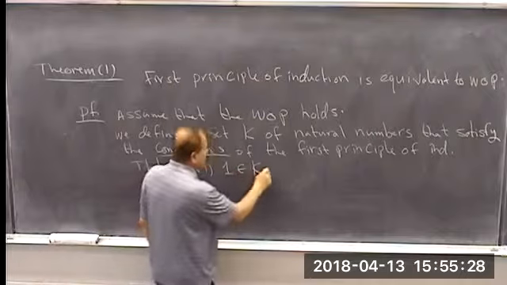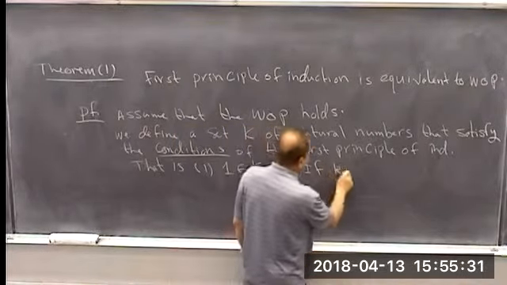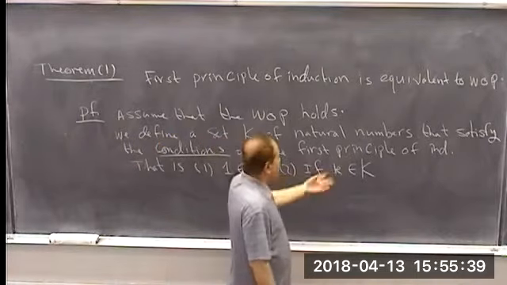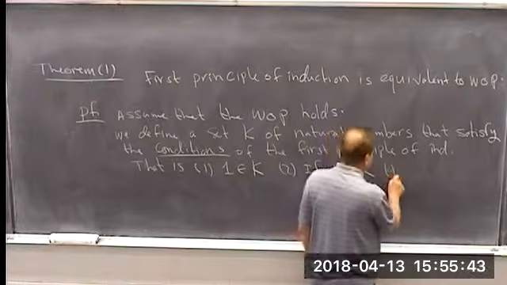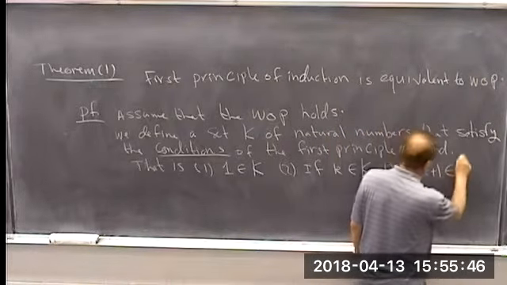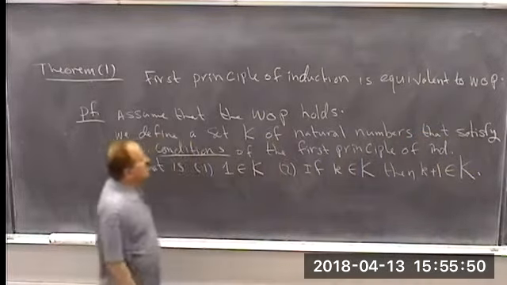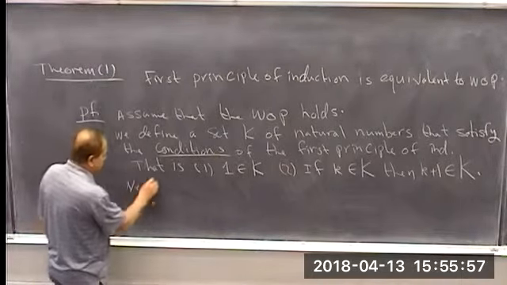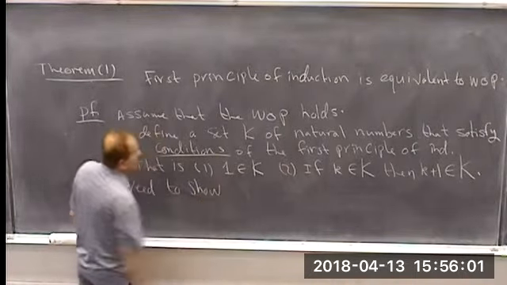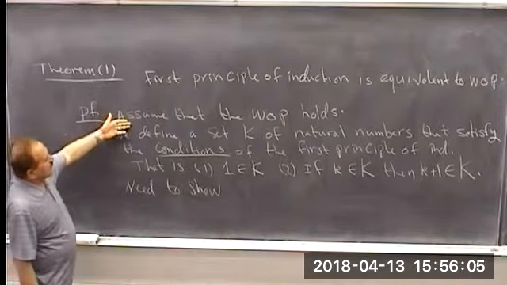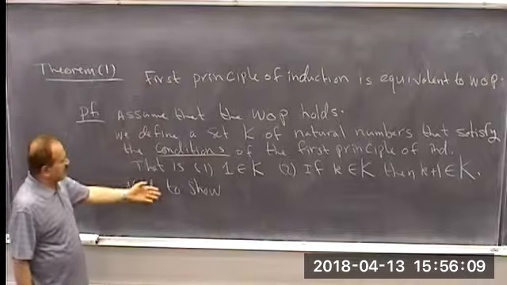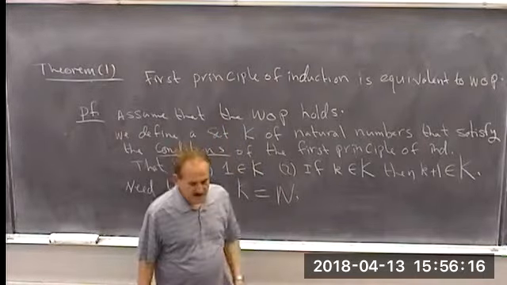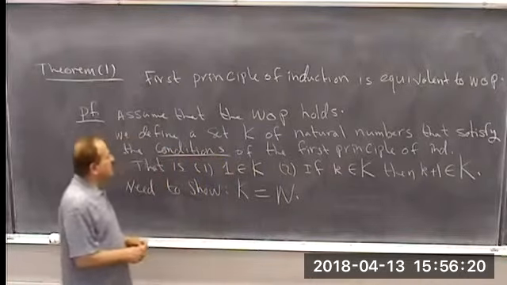One, 1 does belong to K. Two, if k is in K for an arbitrary but fixed k, or sometimes we say for some k bigger than or equal to 1, then k plus 1 is going to be in K. And what we would like to prove at the very end, to show that the well ordering principle implies the first principle, is equivalent to showing that this K is equal to N, all the natural numbers.